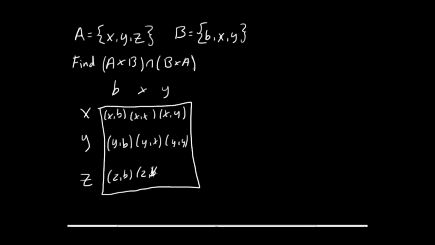Oops, that's supposed to be an X. Okay, now that's the Cartesian product of A times B.